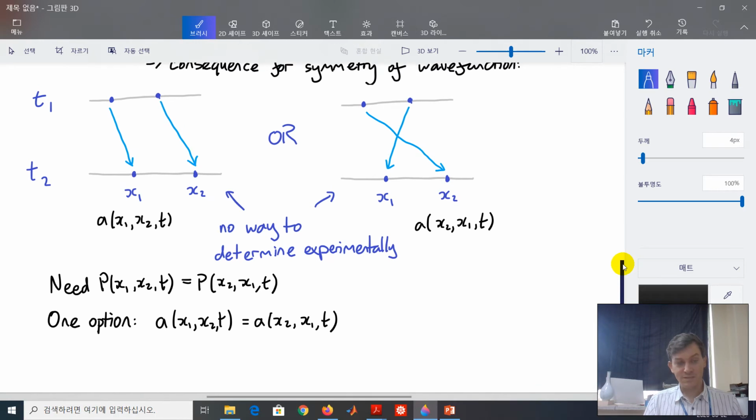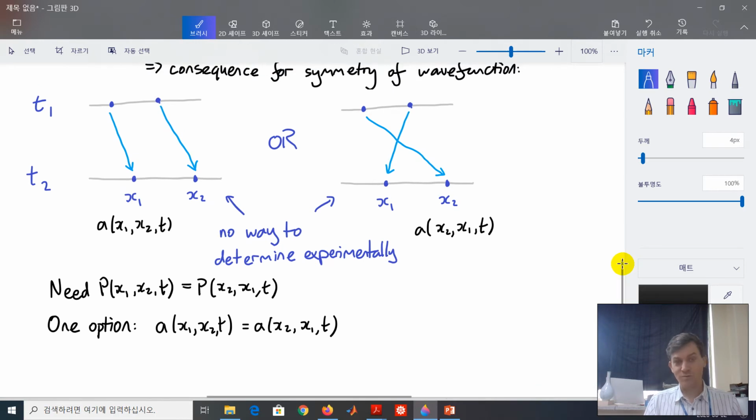This is true for certain particles, but it's only true for some particles, and these particles are known as bosons.